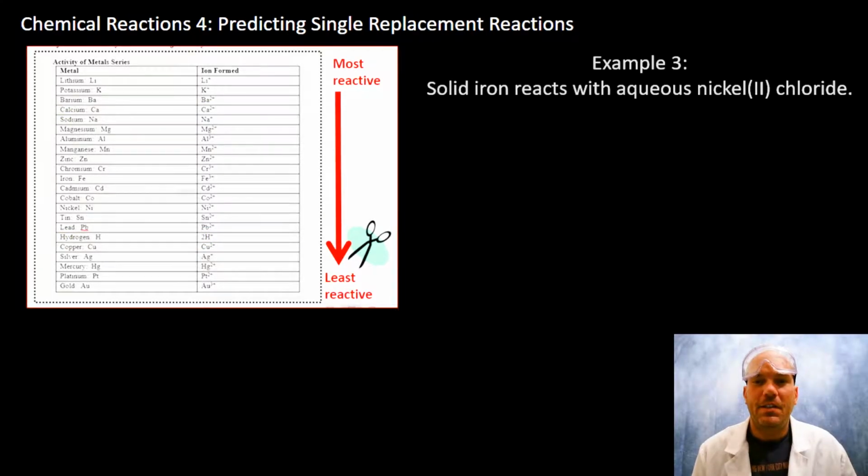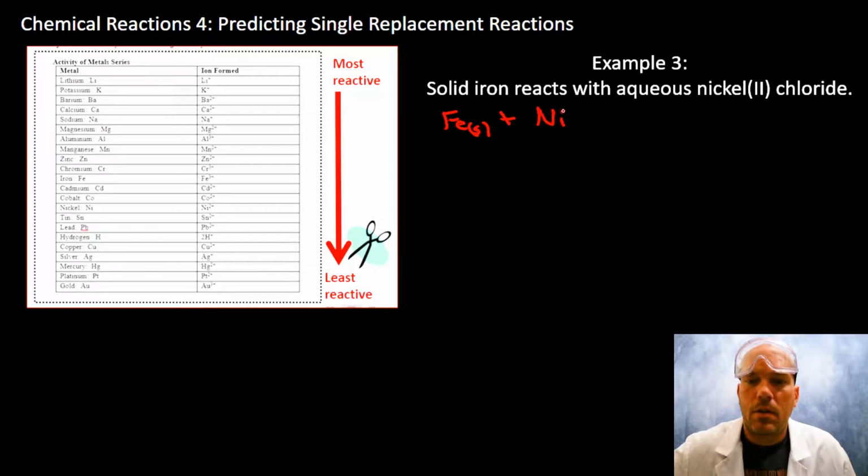All right, so example number 3 here. We have solid iron reacting with aqueous nickel(II) chloride. Let's get that one started here. Solid iron reacts with nickel(II) chloride to yield something, maybe.